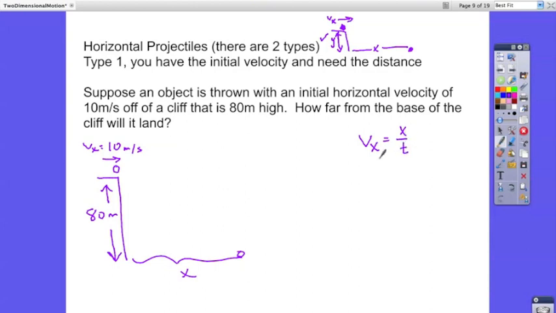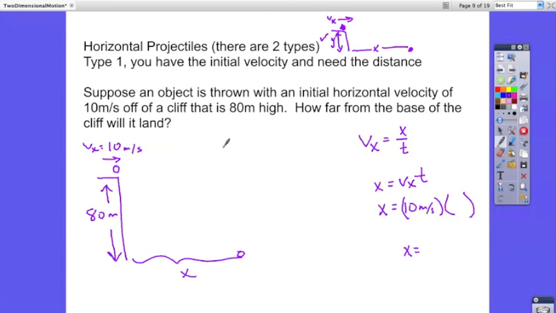Now I want to remind you, this is not a variable. This is a subscript describing the velocity. This is a variable. So I don't want Vx. I know it. I need x. So let's rearrange this equation. x equals Vx times time. Well, I know Vx. I don't know time. So I need to do some stuff with the y component, those y equations, to find time. Then I'll plug it back in here, and I'll be able to find my distance.